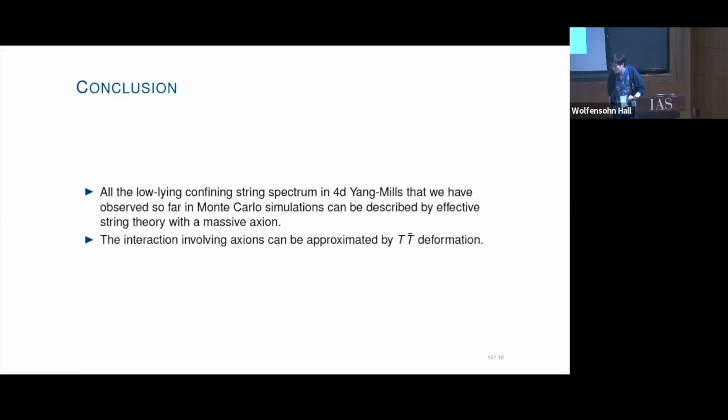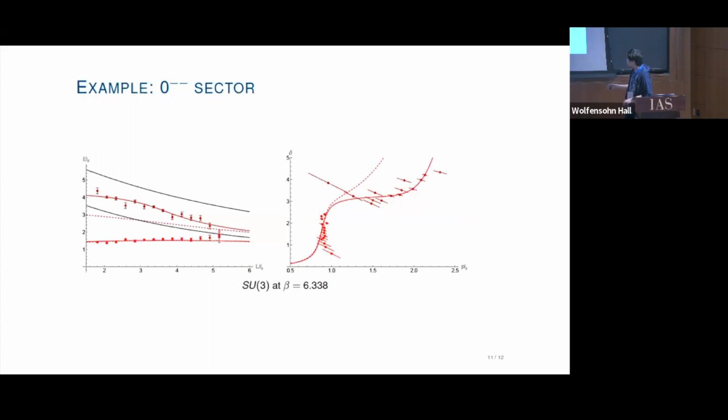Could you explain more deeply this last model definition? This one? Yes. So this is the first excited state in this sector, and that dashed line is the prediction from the DVA without the high order corrections, and we see that it's a much worse fit to the Monte Carlo data.